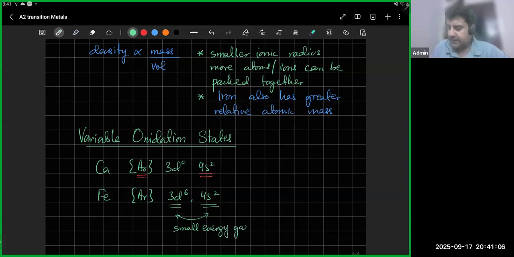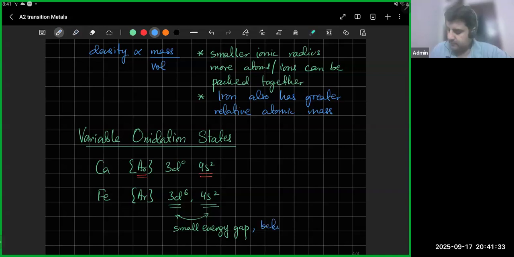So it depends on the other atom. If the other atom can pull electrons out of iron, iron would lose the outer electrons. But if you've got a very electronegative atom that can pull more electrons out of it, electrons would also come out from the inner 3d as well. So iron can lose 2 electrons, it can also lose 3 electrons. It can lose more than those electrons as well. So small energy gap.